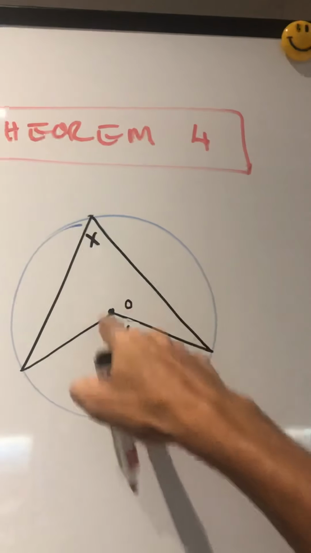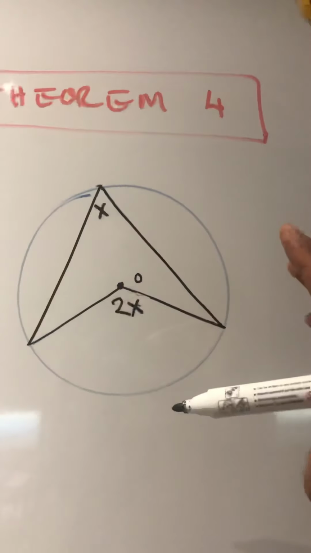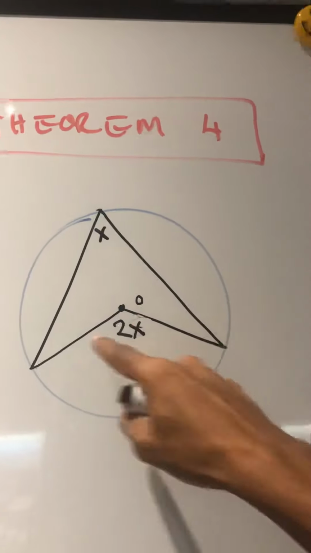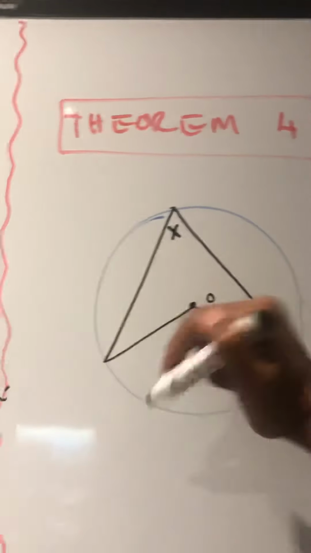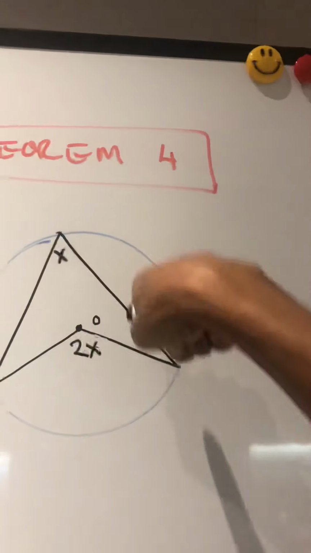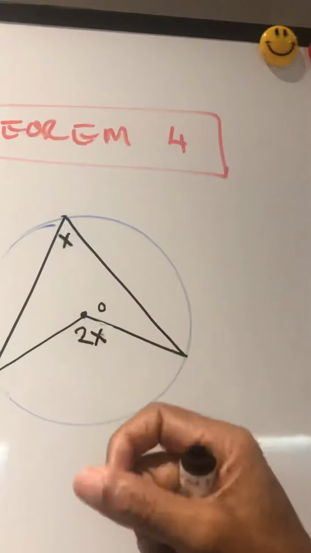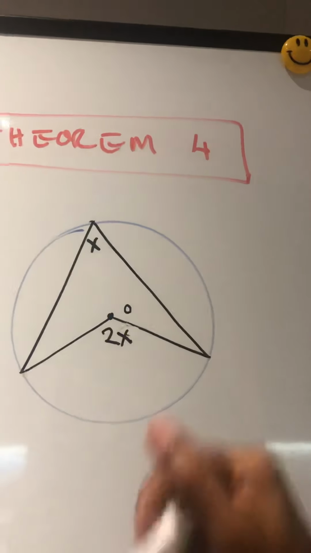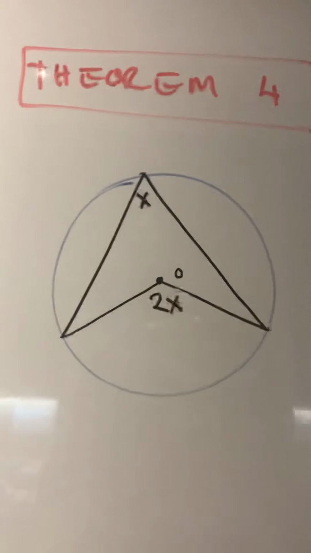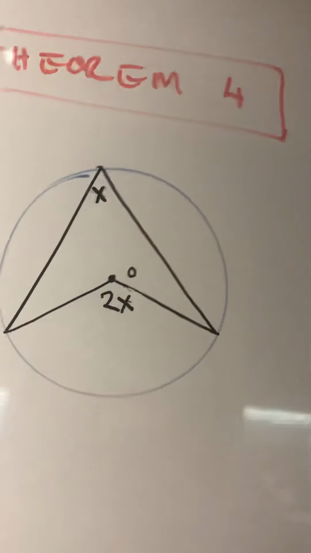The angle at the center is twice the angle at the circumference. We understand that. That's theorem 1. And theorem 2 again was of a semicircle. Like if these are straight and a semicircle, we said the angle in a semicircle makes 90 degrees, okay?